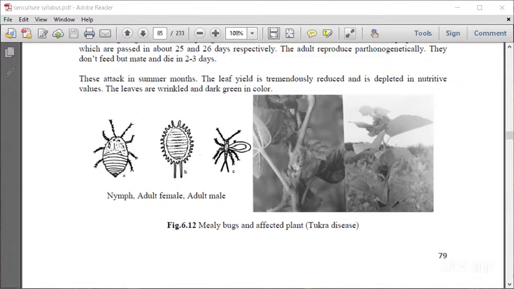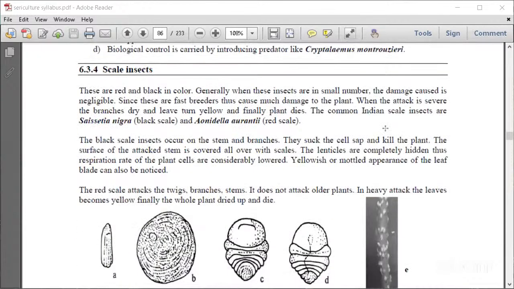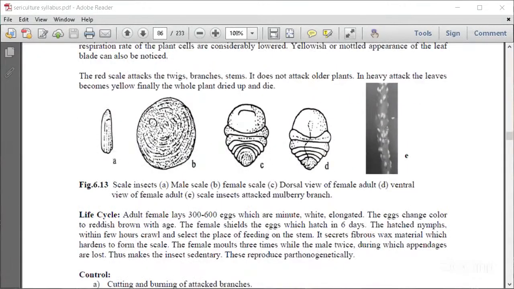The biological control is carried out by introducing a predator like Cryptolaemus, and this is about the mealybugs and Tukra disease. The other one is scale insects.